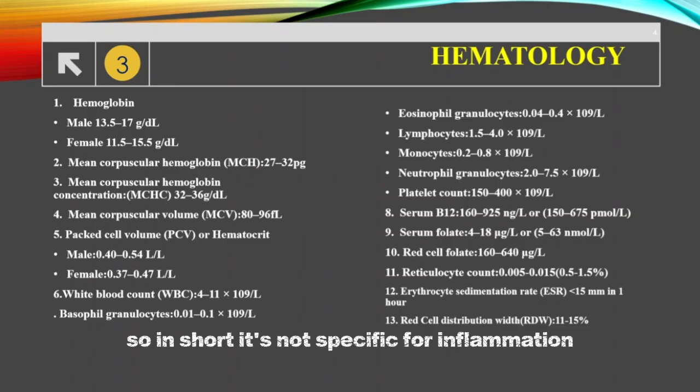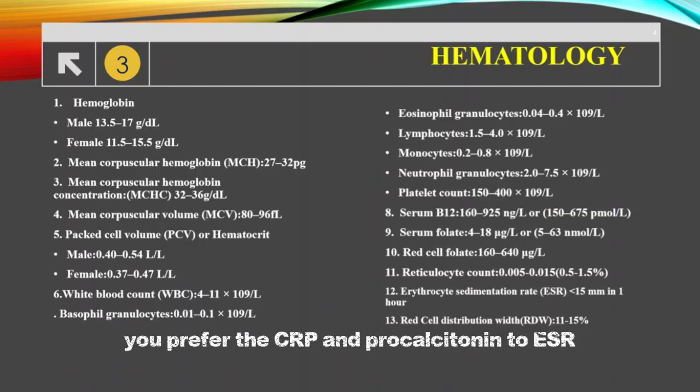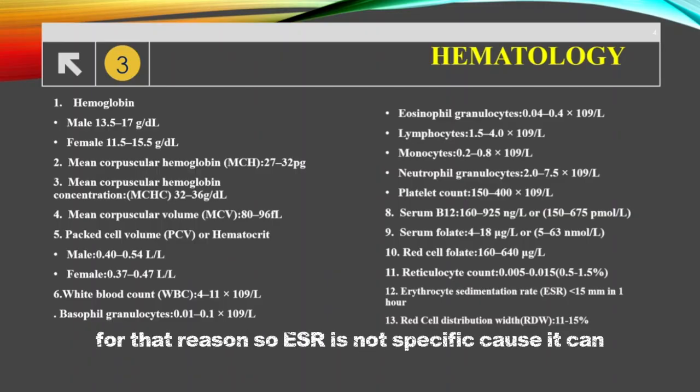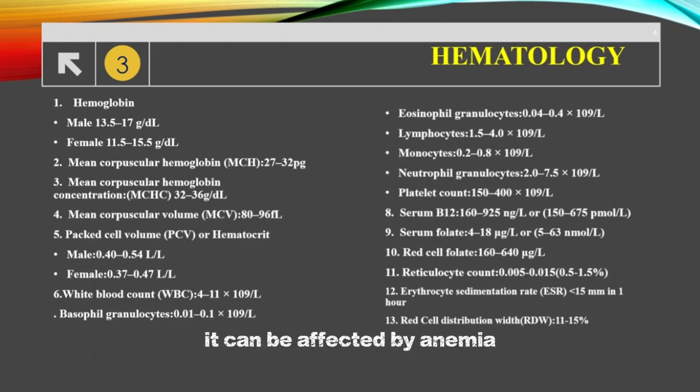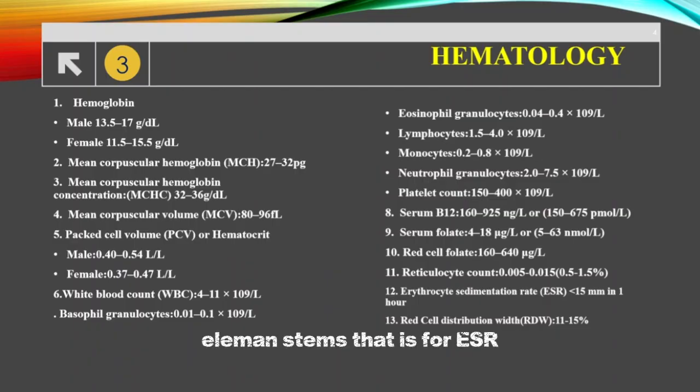So in short, the ESR is not specific for inflammation. That's why you prefer the CRP and procalcitonin to ESR for that reason. So ESR is not specific because it can be affected by anemia. In short, anemia can give you a false negative, meaning that the patient has got a condition, but it can't be indicated because there are few red blood cells in the blood. In layman's terms, that is for ESR.